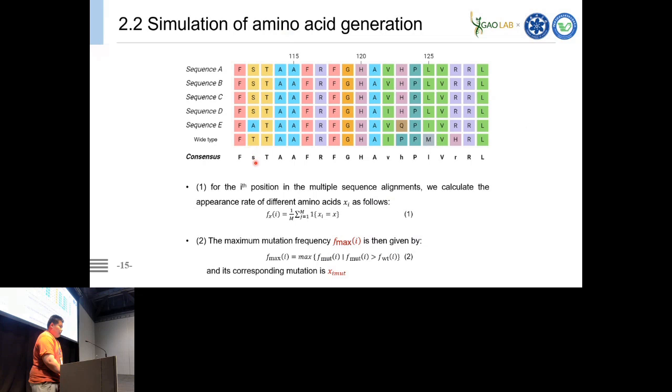Frequently observed mutations may suggest an adaptive advantage. So we use the inverse folding models to generate many structure-compatible sequences. At each position, we look at which amino acids appeared most often. Then we select the most frequent non-wild type residue as the candidate mutation.